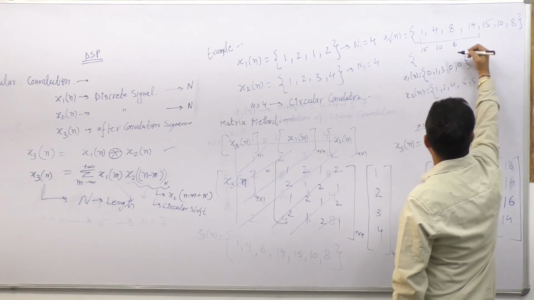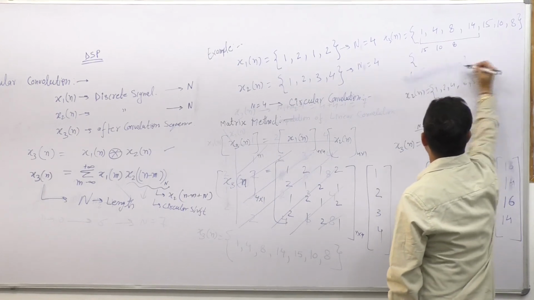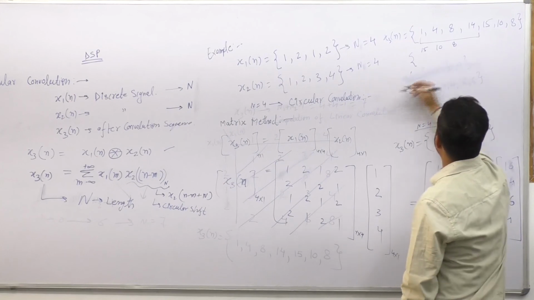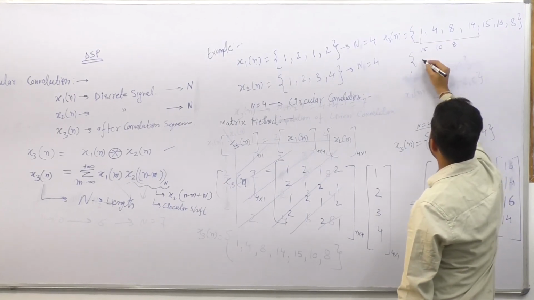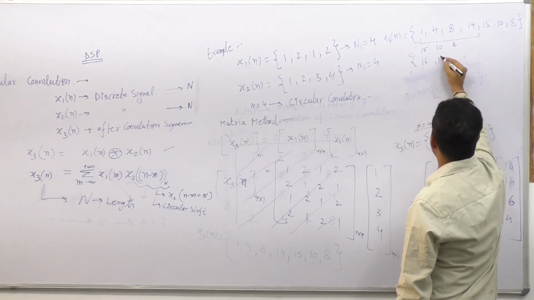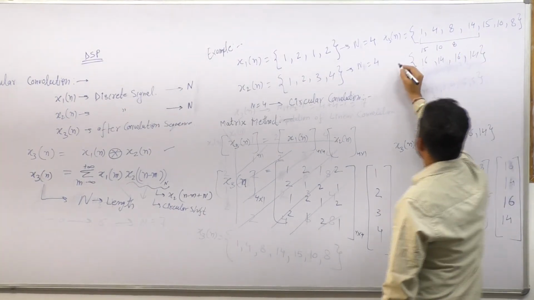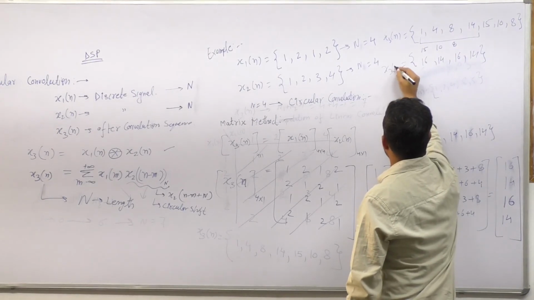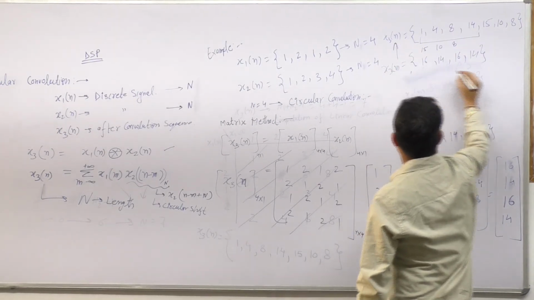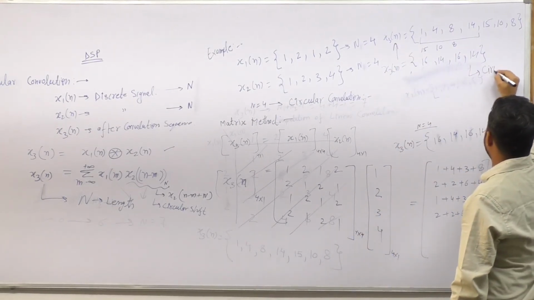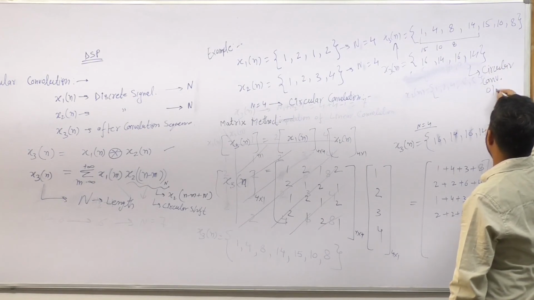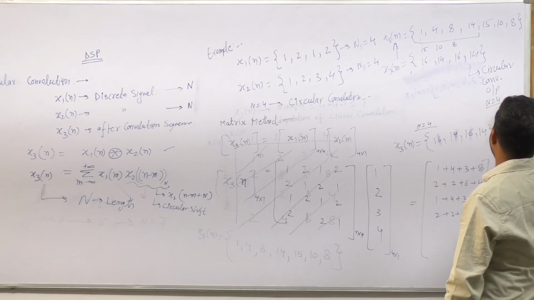So now new values will come as, I'll add them 16, this is the 14, this is the 16 and this is the 14. So if I will do this much process to the linear convolution, then I will receive the circular convolution output for n is equal to 4.